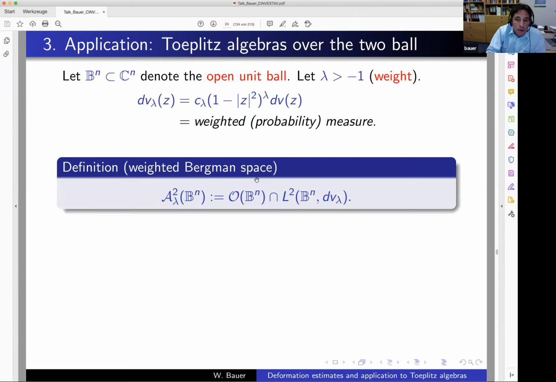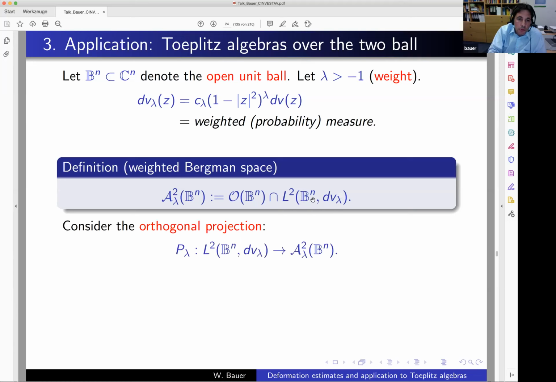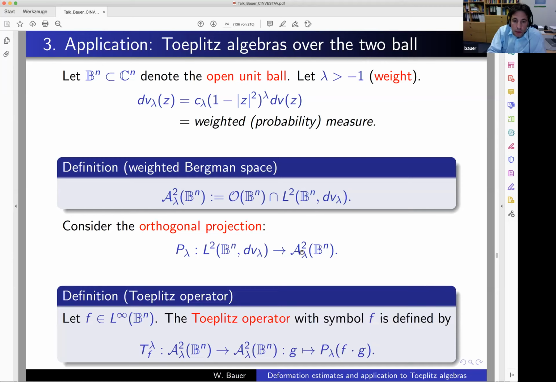And then you all certainly know we have the weighted Bergman space, which now consists of holomorphic functions in this weighted L2 space over the ball. And that's again a reproducing kernel Hilbert space. It's a closed subspace of L2, and we can look at the family of orthogonal projections, which now are denoted by P_lambda from L2 to A_lambda. So this now takes over the role of the Fock space.